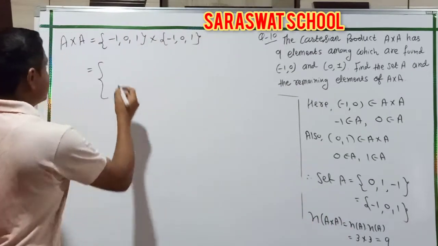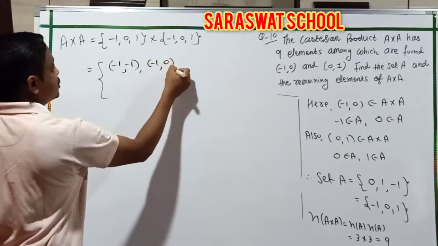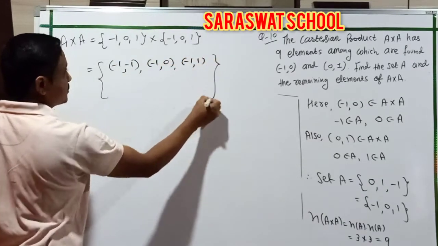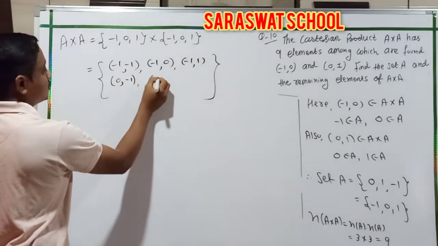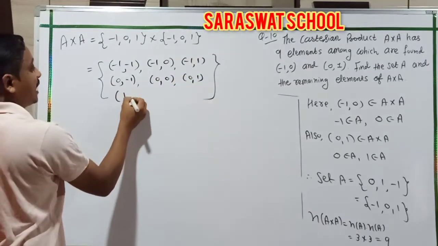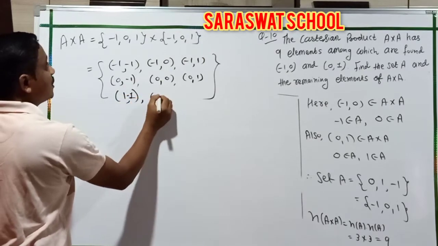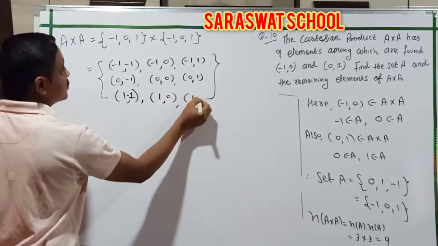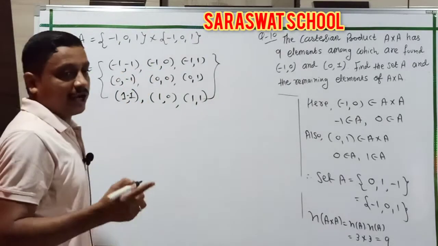So first elements: (-1, -1), (-1, 0) and (-1, 1). Same as (0, -1), (0, 0), (0, 1) and last (1, -1). Same as (1, 0) and last (1, 1). And these elements are our A cross A.